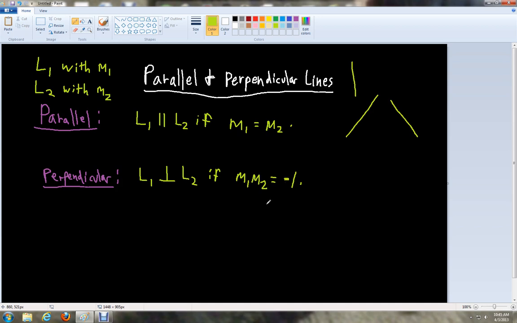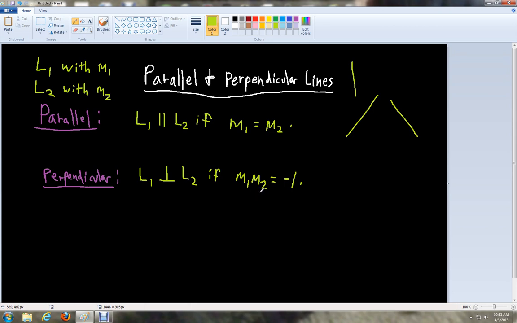So this means that in order to have a chance of being perpendicular, these slopes must have opposite signs. If the slopes are not equal, but they have the same sign, where they're both positive or both negative, they can't be perpendicular.